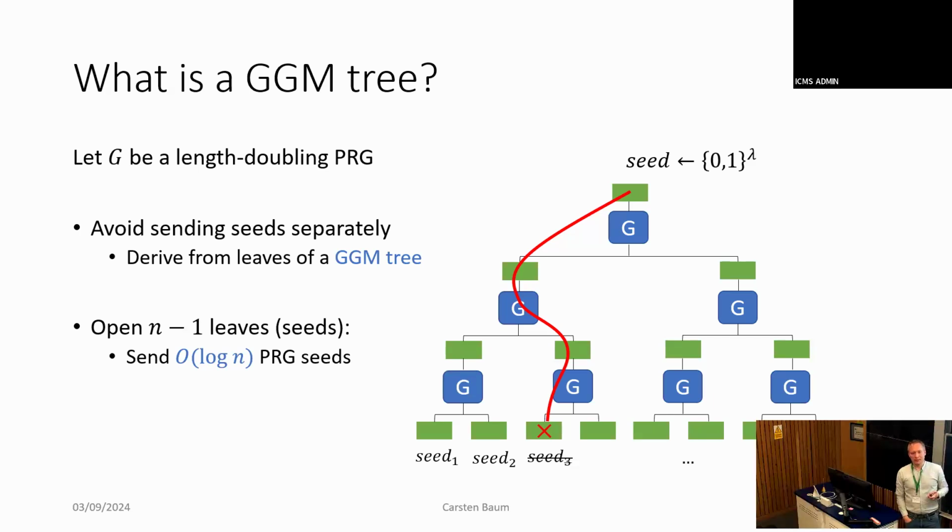So I get an exponential improvement in the number of seeds that I have to reveal to the verifier. In practice, this is a huge source of communication, so that's a huge improvement. Okay, everybody understands that?